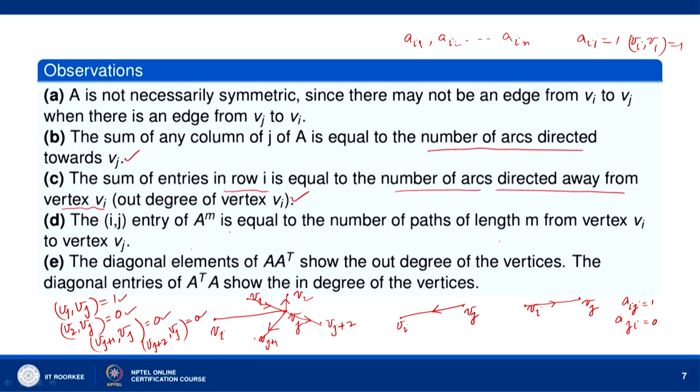So, the ij entry of A to the power m is equal to the number of paths of length m from vertex bi to vertex bj. The diagonal elements of A A transpose show the out degree of the vertices.